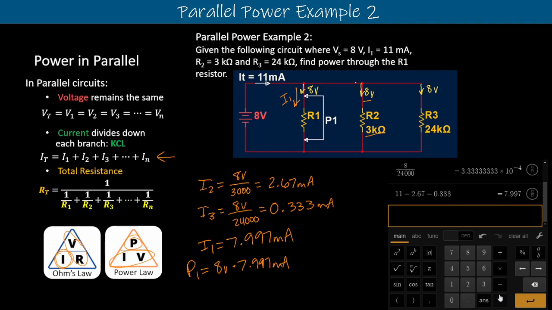Since we're multiplying a base number, 8 volts, by a milliamp value, if we leave it in milliamps, we're going to get a milliwatt output. So 8 multiplied by 7.997 gives us 63.976. We'll round that up to 64. So power 1 is equal to 64, and since it was in milliamps there, we'll put milliwatts here.